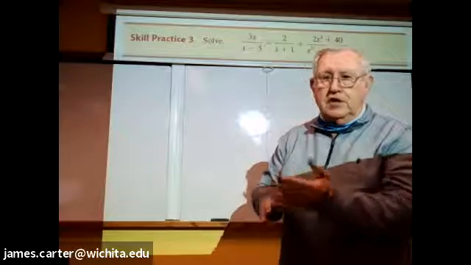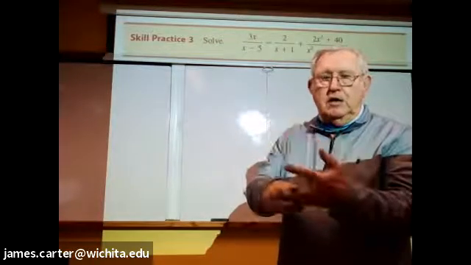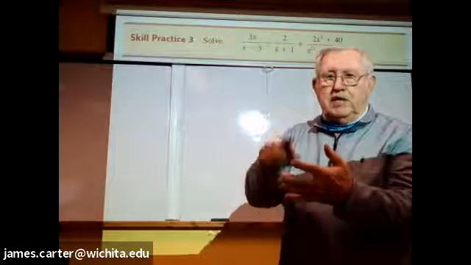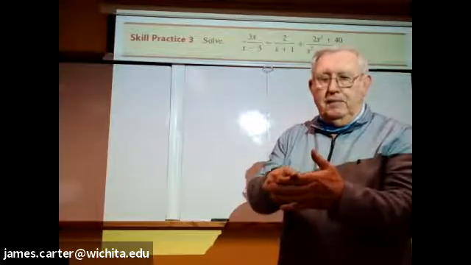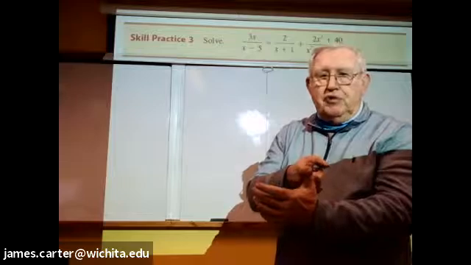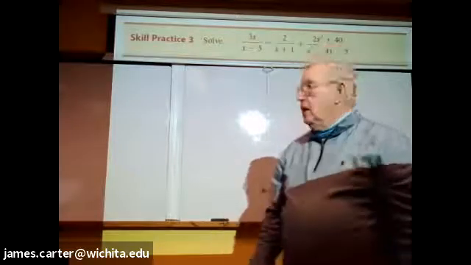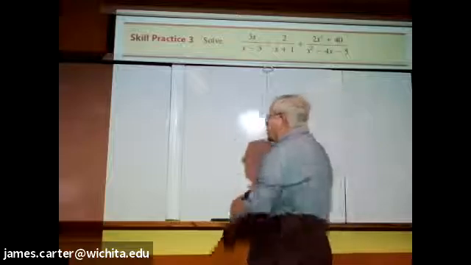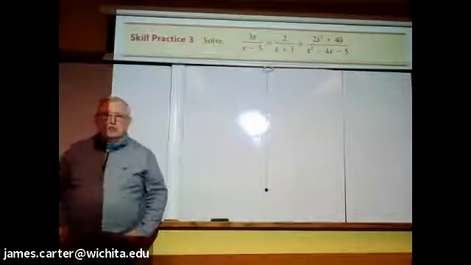So that's kind of your steps. Factor, find the least common denominator, multiply times every term, do a whole bunch of simplifying, refactor if you have to, then get your solution. And that's the repetitive process on these rational expressions like this.